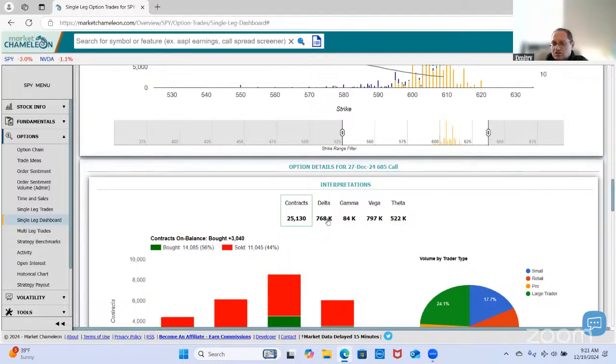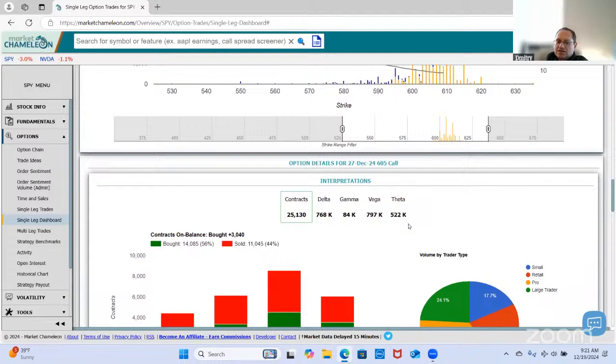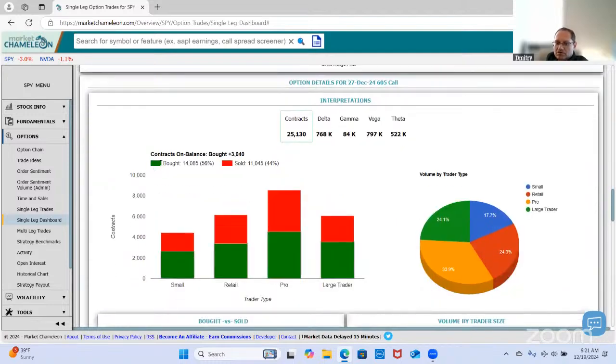This is the delta, the total delta value of all the options, the total gamma, vega, and theta. And this is a breakdown, our interpretation of the single leg options that came in as bought order flow versus sell order flow.